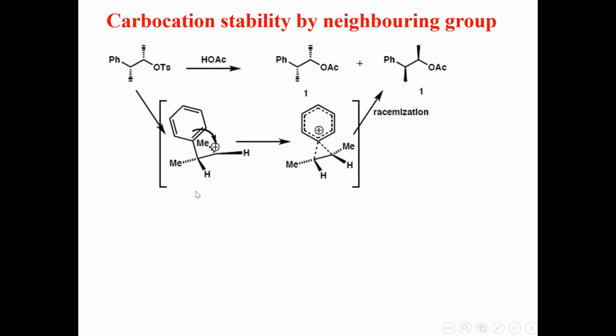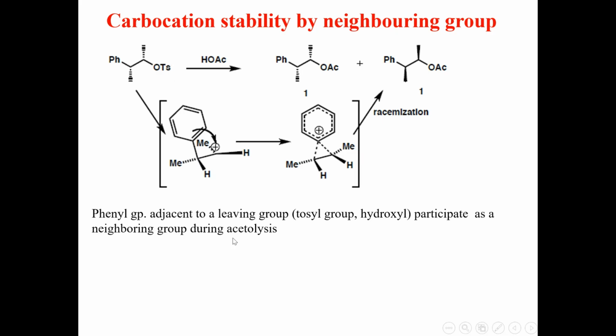If the neighboring group has an electron donating group, it can stabilize the carbocation. This is the carbocation stability by participation of the neighboring group. Here there is acylation, acetolysis, OTs creating a carbocation.